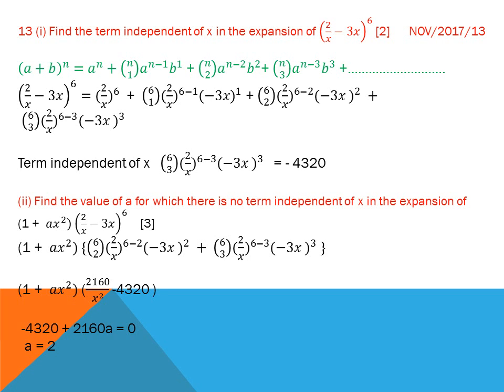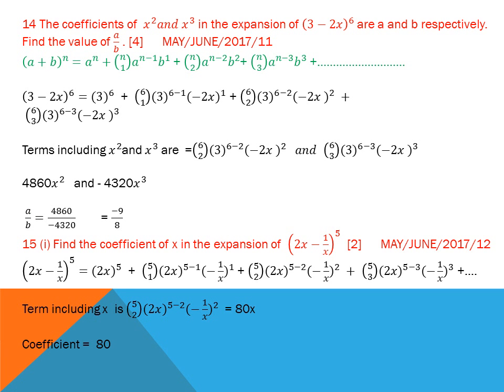When x^2 is cancelled out with x^2, this term also becomes independent of x. So minus 4320 plus 2160a is equal to 0, because no term independent of x means the term independent of x should be equal to 0. I find that a is equal to 2 here.